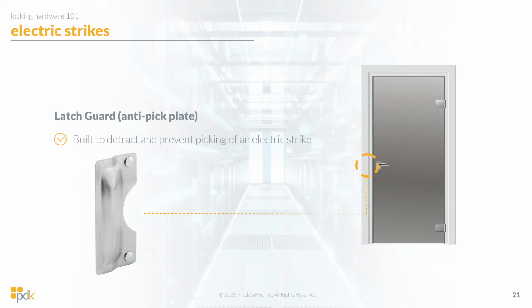Now, something that will be useful across the board, regardless of whether you're using a wireless lock, an electrified handle set, or even a standard door strike, is a latch guard. That is going to deter people from reaching in with a pick and manipulating the latch bolt.